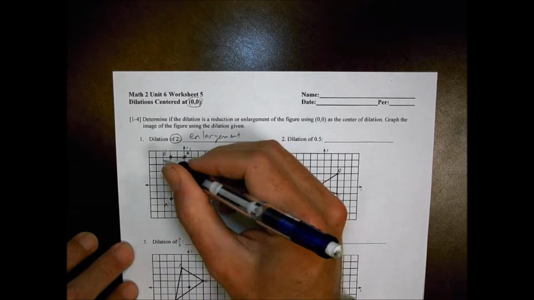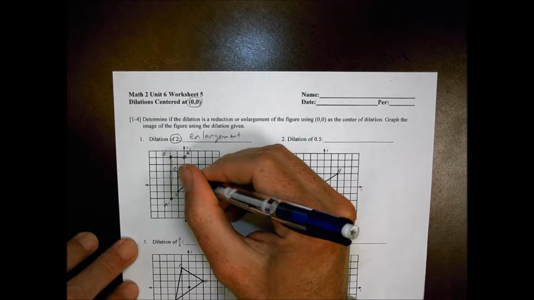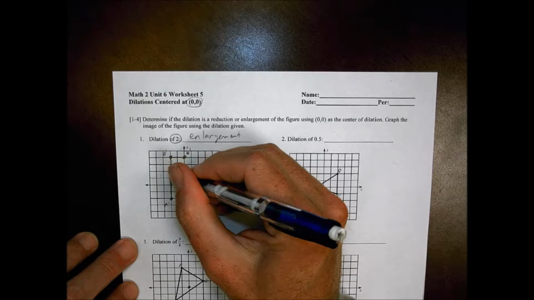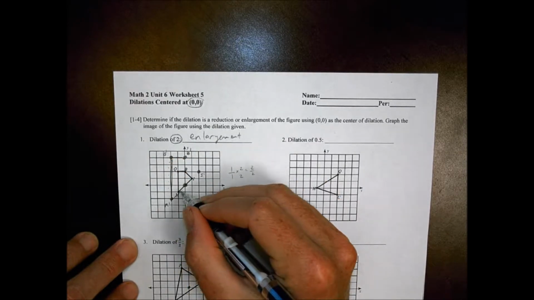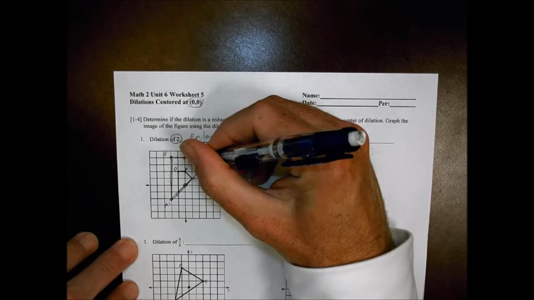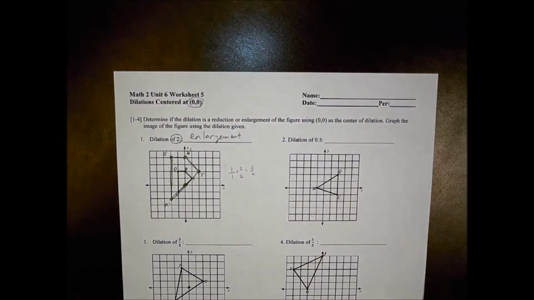The length from Q to M, initially it was 3, I should have 6 now: 1, 2, 3, 4, 5, 6. So that one's correct. We draw our line right here for this one, and then we connect our dots here for this one. And that's what we get for number 1.